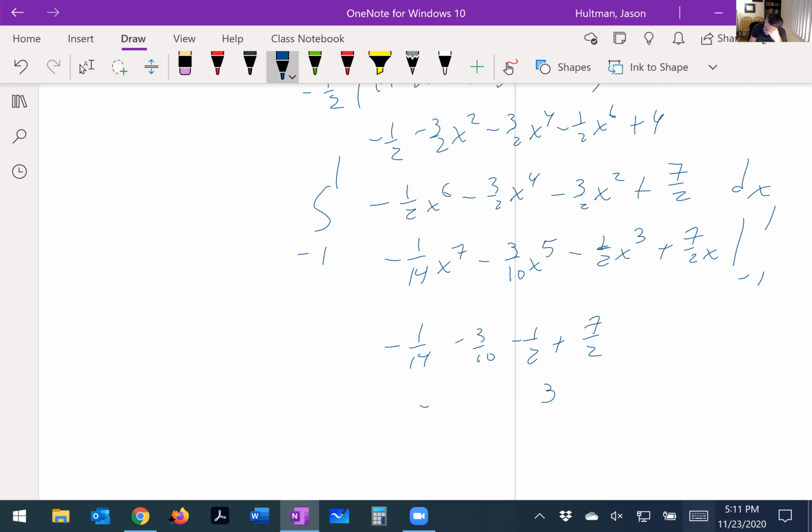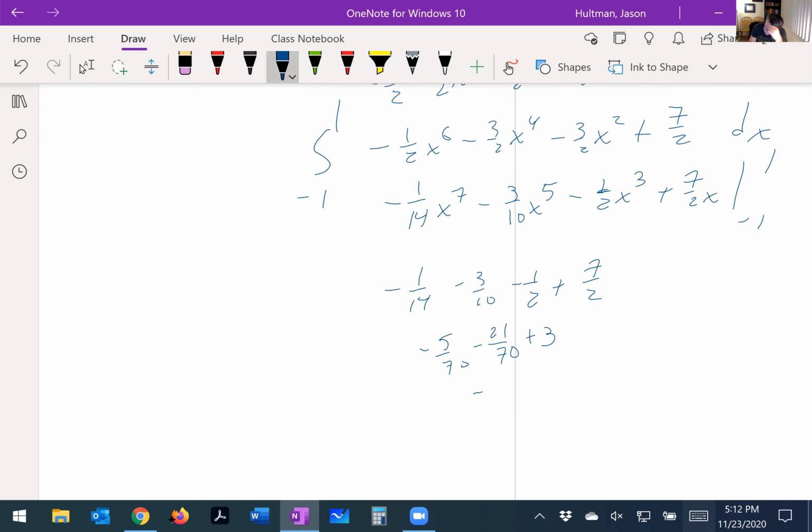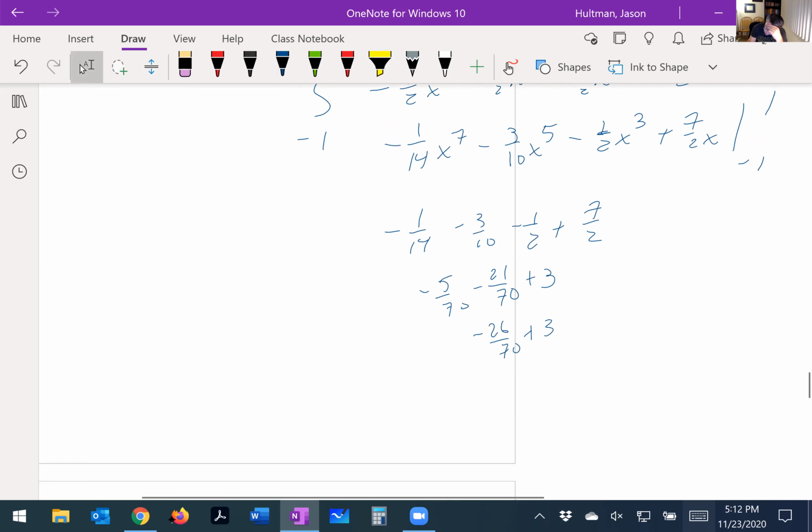So this is negative 5/70 minus 21/70, plus 3. This is going to be negative 26/70 plus 3, which is going to be 2 and 44/70.